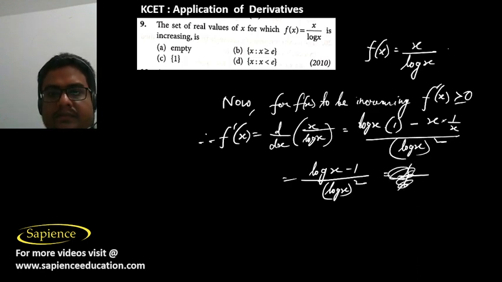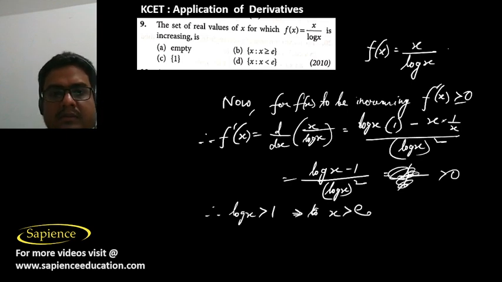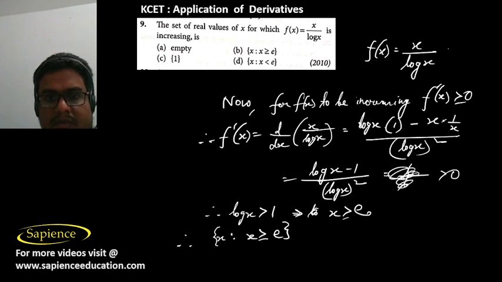So this should be greater than 0. That x should be greater than e. The set of values for x for which this is increasing, that x is greater than or equal to e. Option B is the correct.